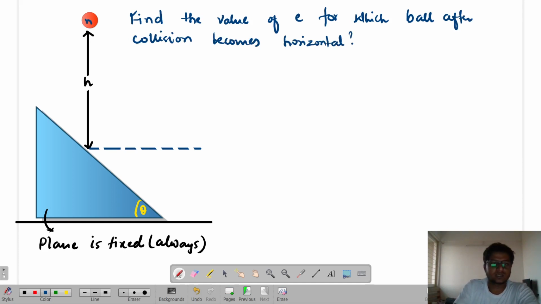If this is mass M, the mass of the wedge is not required. Find the value of E such that the ball becomes horizontal after collision. If you want to write, just consider that the mass of the wedge is capital M. Okay. So this is your question as homework.